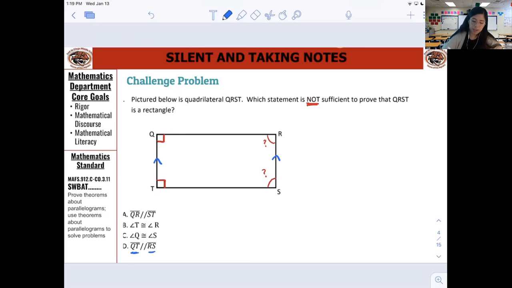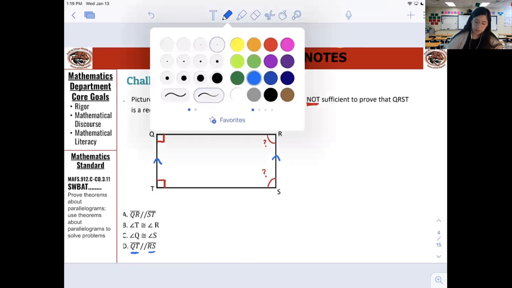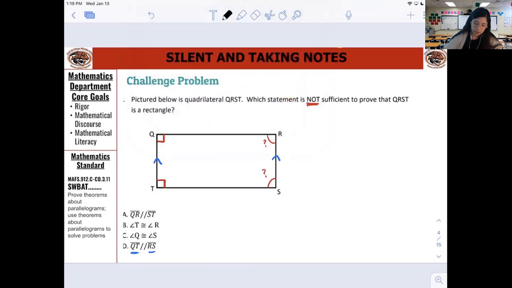So my question is, if these two sides are parallel, I want you guys to visualize something. Let's say I extend this and extend that. I extend this and I extend that. What do I have? Let me extend this one too.